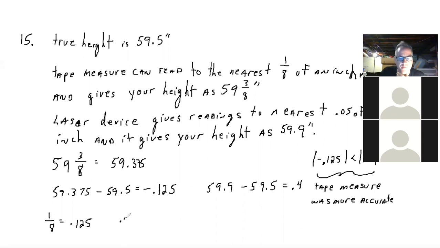And 0.05 is less than 0.125. So in this case, the laser is more precise. So your answer there would be the tape measure is more accurate, it gave you a more accurate reading, but the laser is actually more precise. Any questions on that?